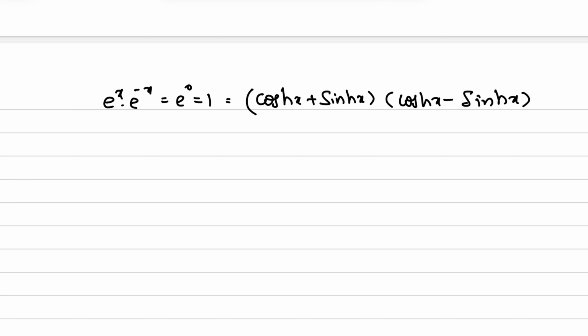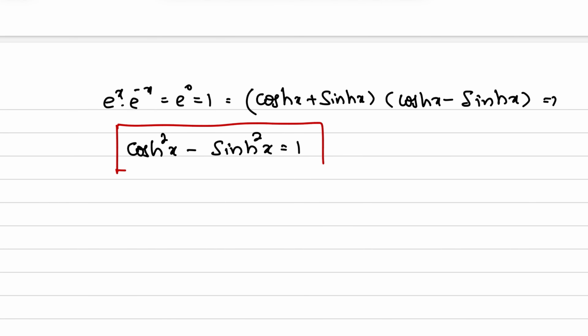This is in the form of (a plus b) into (a minus b). So it implies cos hyperbolic square x minus sin hyperbolic square x is equal to 1.